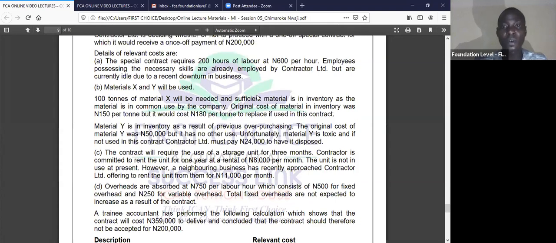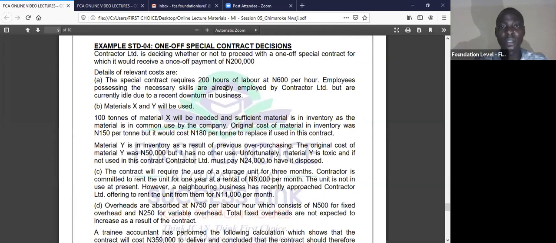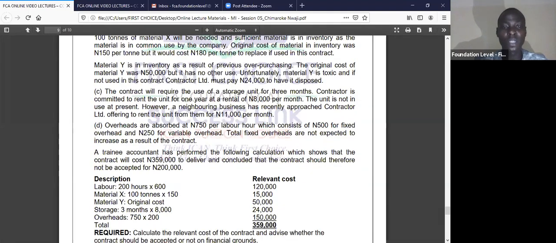So if labor is 200 hours, that is what they did here, 750 naira times 200 hours gives me 150,000. So when you add these 5 figures, it gives you 359,000.